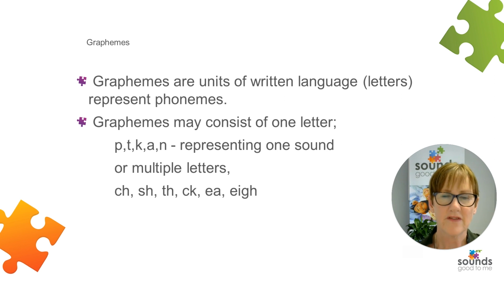So here are some examples of that. CH says ch most of the time. SH says sh. TH can say th or th. CK says k. EA says e. And EIGH can say a. Vowel sounds are particularly tricky and inconsistent in English, and we'll be talking about those again later on in the program.